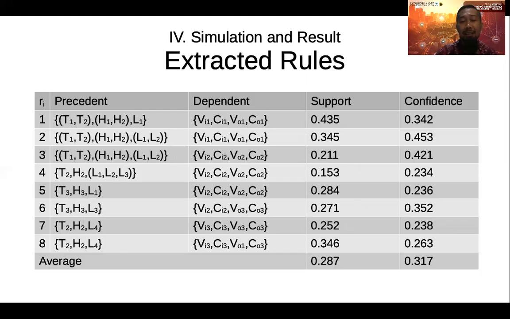So basically this is a rule dependency that happens because of the precedent, and the support and confidence of that rule. The extra bracket in the next one shows the OR condition, so T1 or T2 have the same dependent condition. Also, rule 8 shows a condition which is not good.